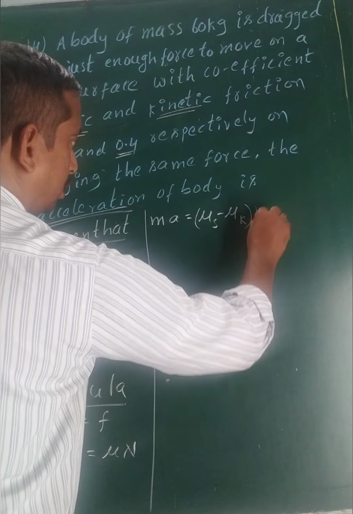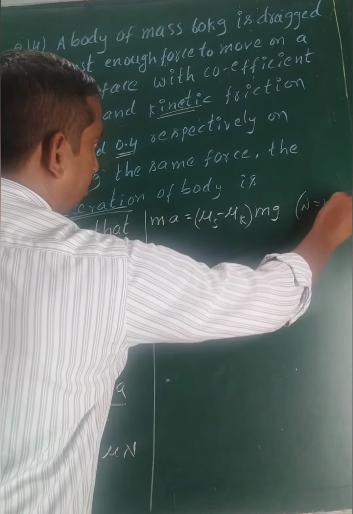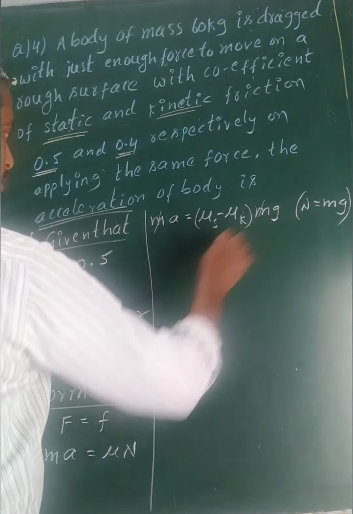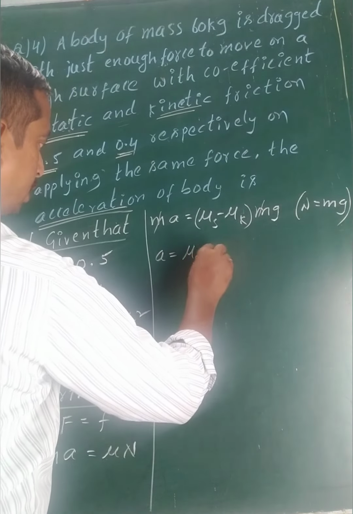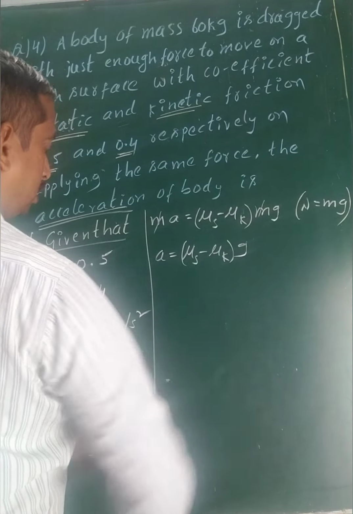Since normal N equals mg, m is cancelled on both sides, and a is equal to (mu s minus mu k) into g.